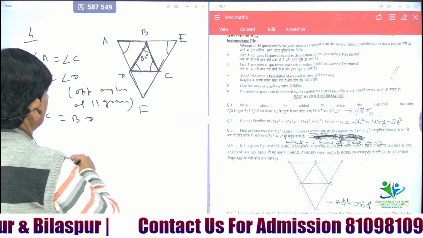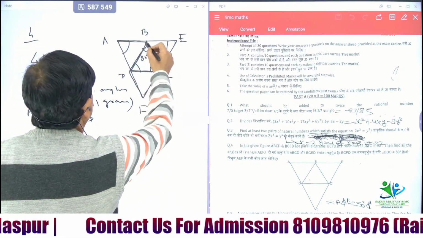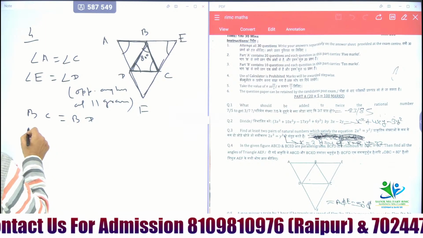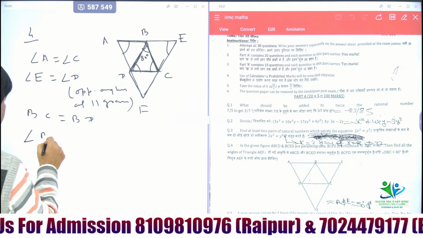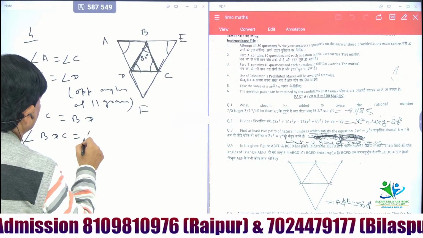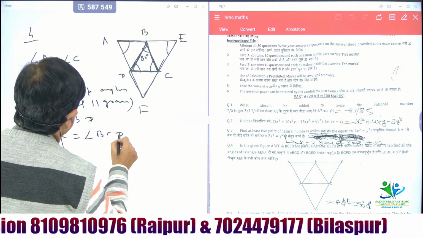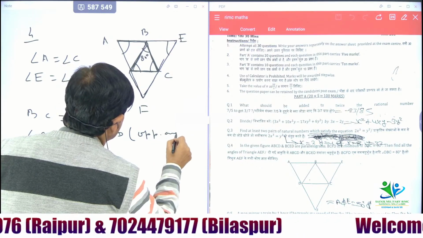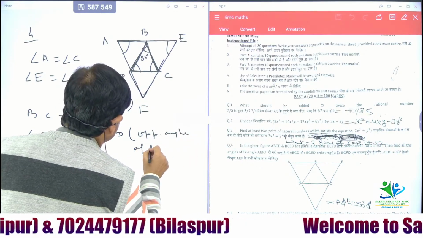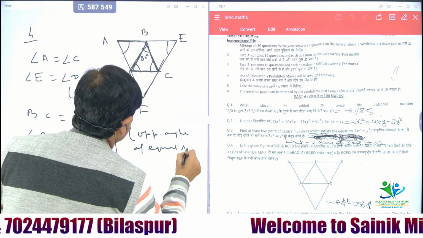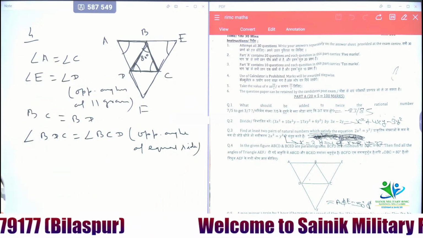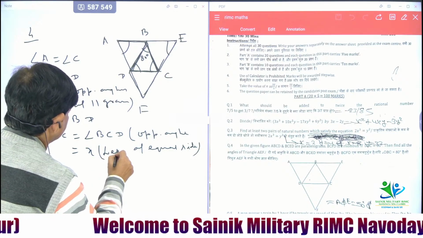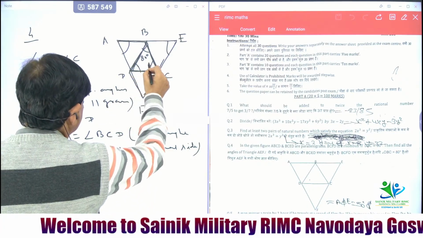That means angle BDC is equal to angle BCD, that is, opposite angles of equal sides are equal. Let these two angles be x. This one is x, this one is x.